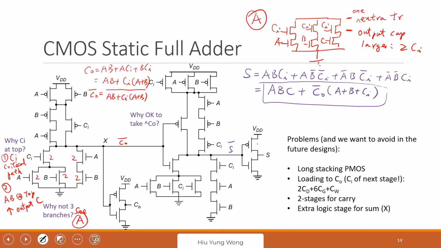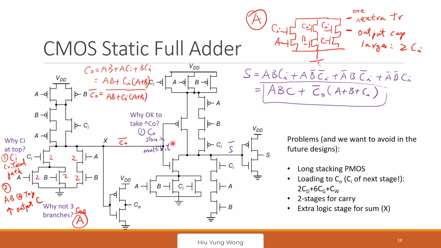That's why we just take this one directly. So again, because C out is slow, in multi-bit, right? Okay, so that is okay to do this, right?